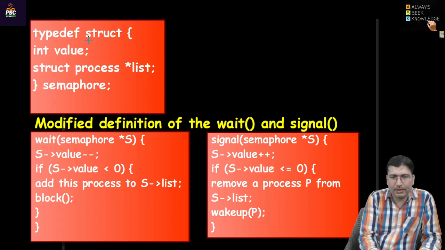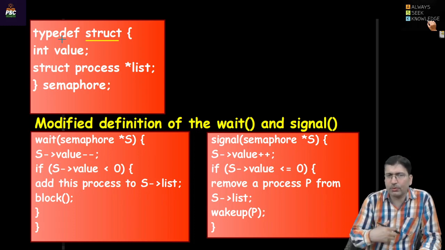So typedef struct has been used. Typedef is a keyword; you know that if we want to define our own data type in C programming, we can use typedef. And semaphore is the name of this structure which we are defining. This structure has a value, and one process list is also there.